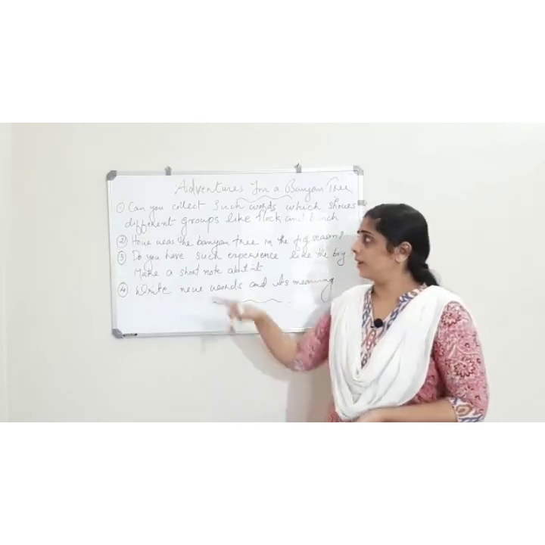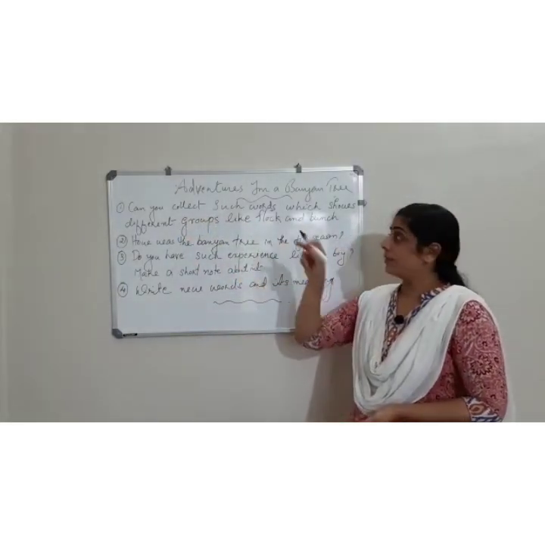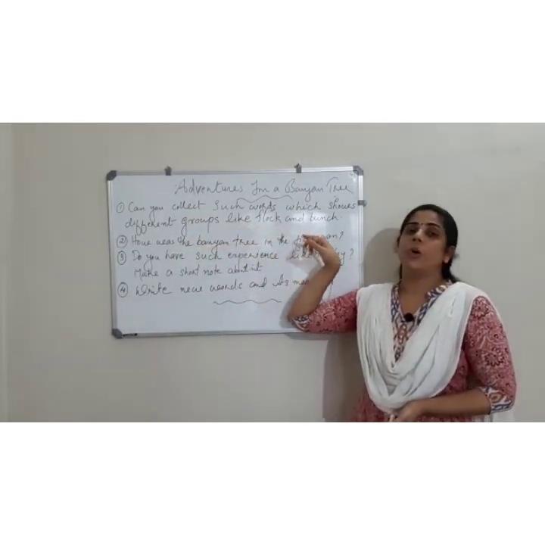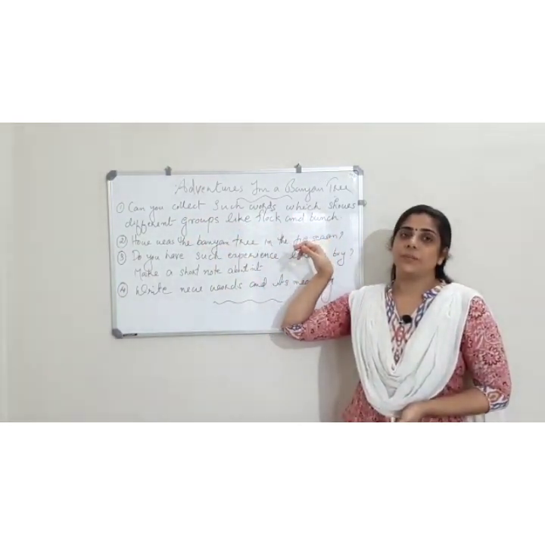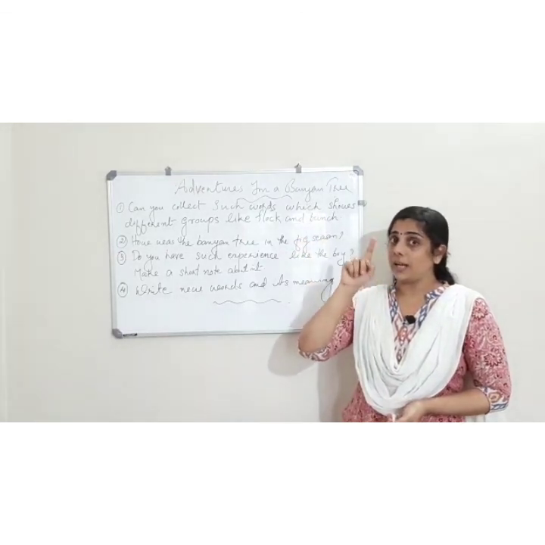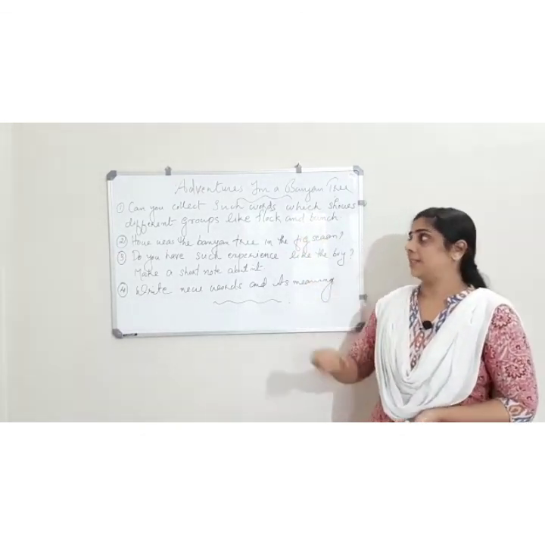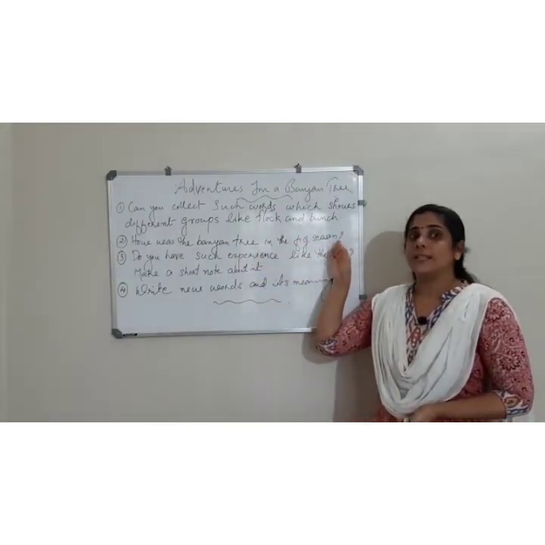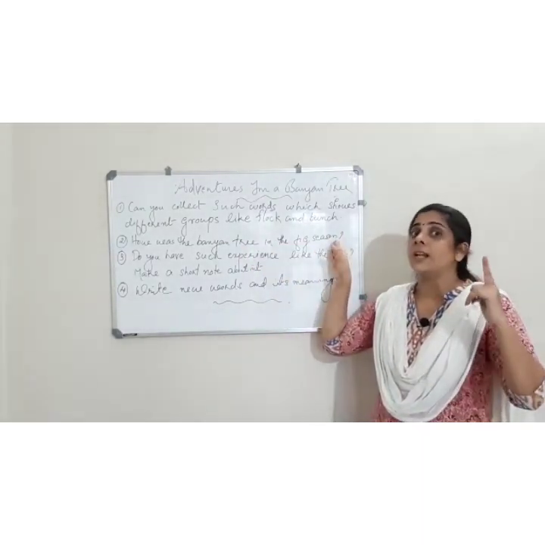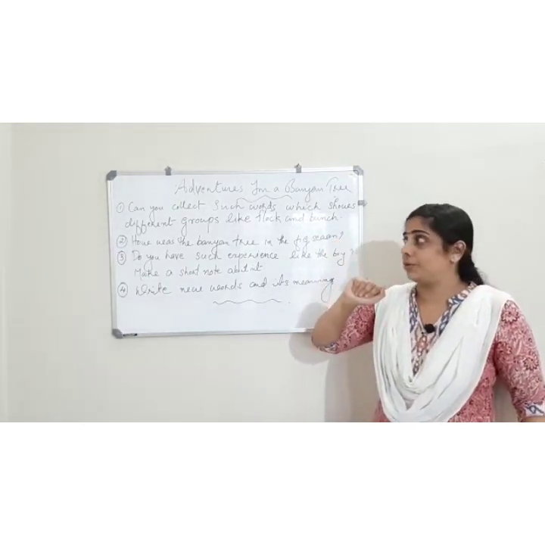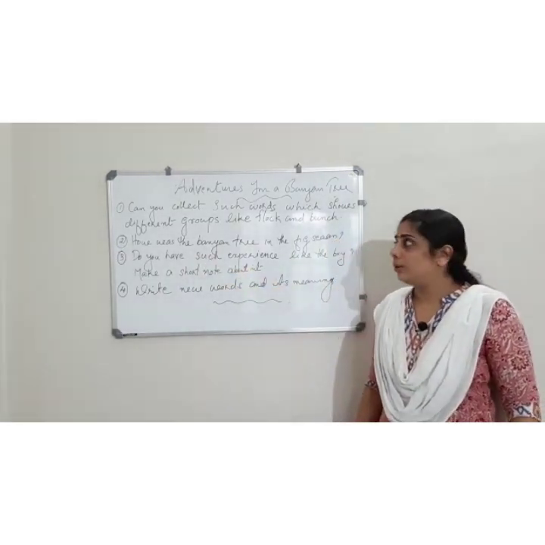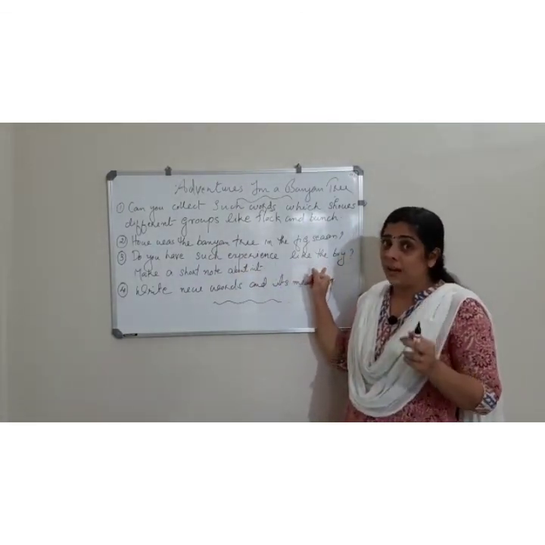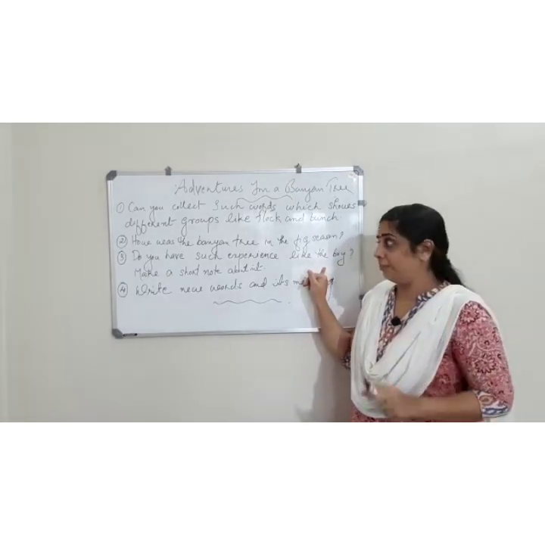I will read the first one. Can you collect such words which show different groups, like flock and bunch? We discussed what a flock is and what a bunch is. Could you remember? Yes. The second question: how was the banyan tree in the fig season? The boy beautifully narrated the banyan tree. The third question: do you have such an experience like the boy?